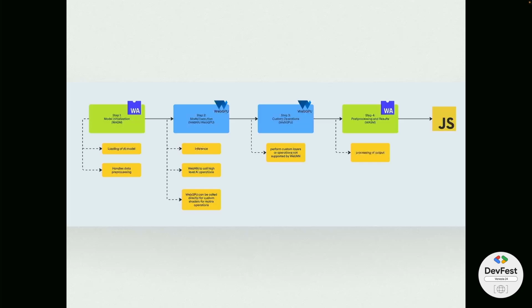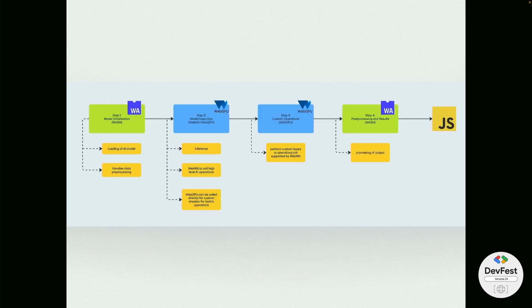And of course, if you have a very custom operation or layers that are not directly supported by WebNN, then you do it in WebGPU. And then finally, once you do all your inferencing and get all your results, you put it back into your Wasm module, which does all the post-processing and analyzes the results.